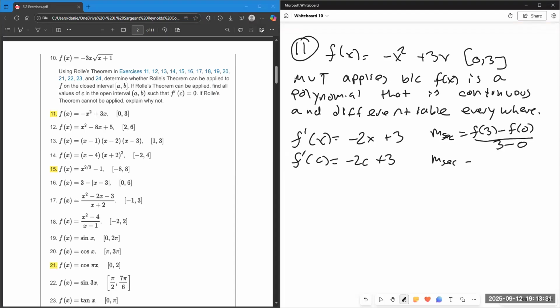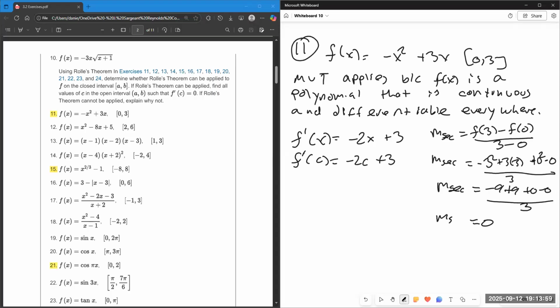F of 3 is negative 3 squared plus 3 times 3, minus negative 0 squared plus 3 times 0, that's 0, over 3. So the slope of the secant line is negative 9 plus 9 plus 0 minus 0 over 3. This is 0.